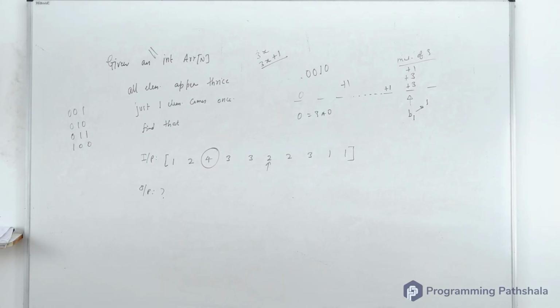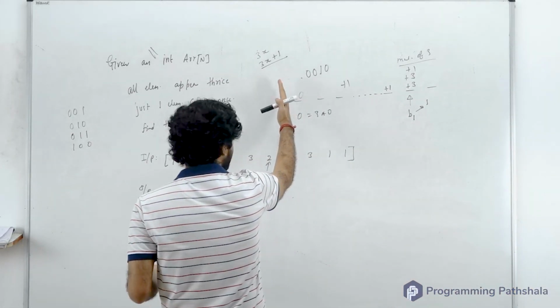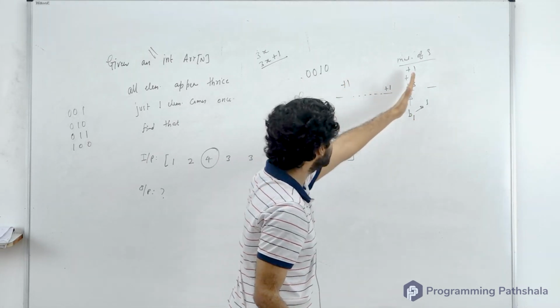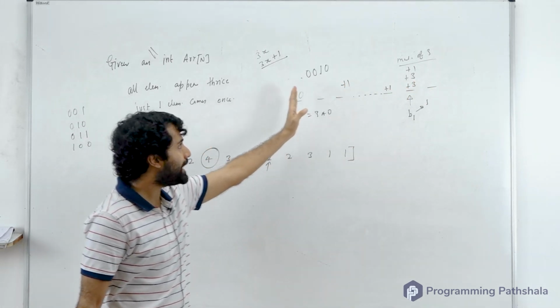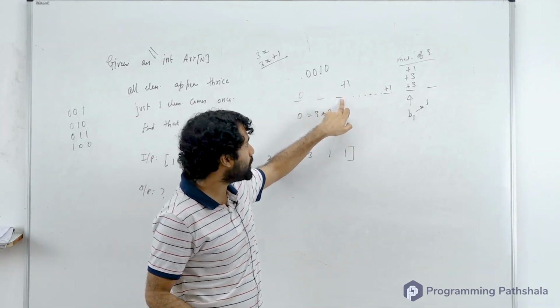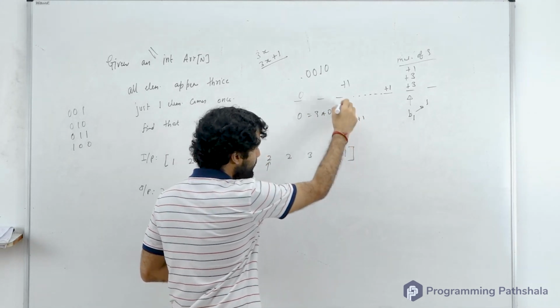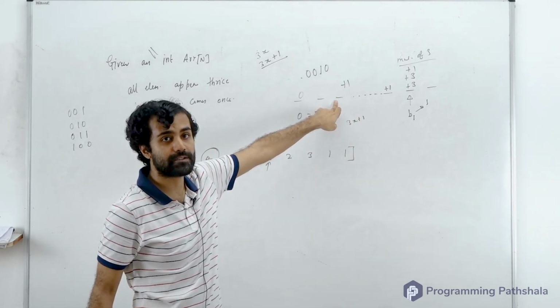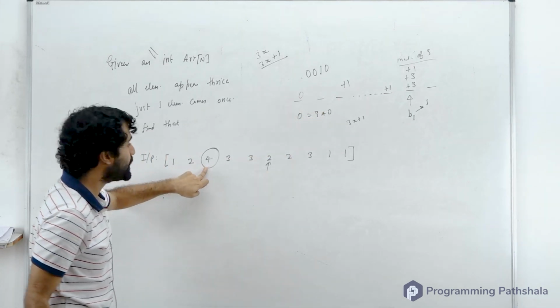So now the job becomes very easy. Now the job just becomes that I have to iterate across these bits, and while I am iterating across these bits, if I see that the value at a particular position is 3x plus 1, then that is the bit which is on in this particular number.